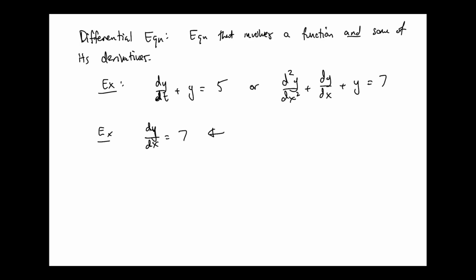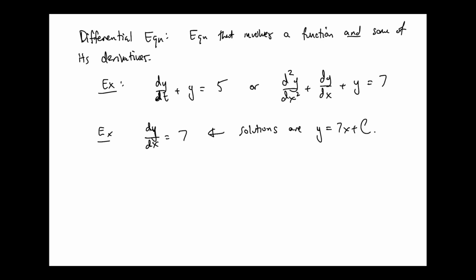So we think our solution, well, let me write it this way. Our y equals 7x plus some constant. And then how would we verify that in fact that's correct?